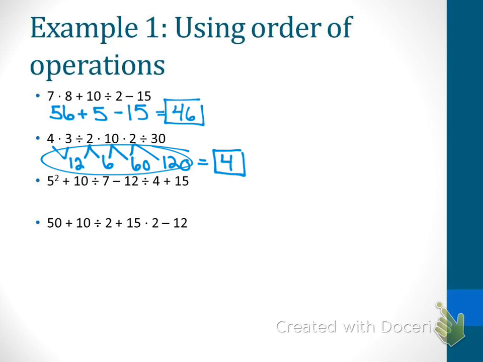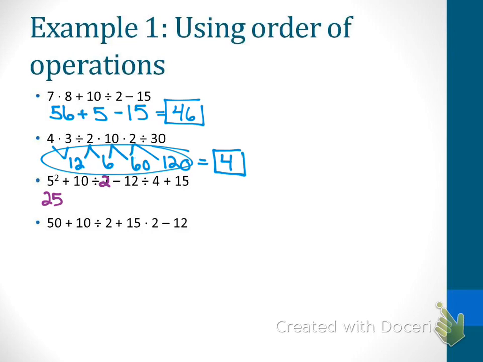There's a lot going on in this third problem. We have 5 squared plus 10 divided by 7 minus 12 divided by 4 plus 15. Okay, so we start by doing what? Okay, exponent. 5 squared is 25. Okay, I got a typo. This should be 10 divided by 2. Sorry about that.